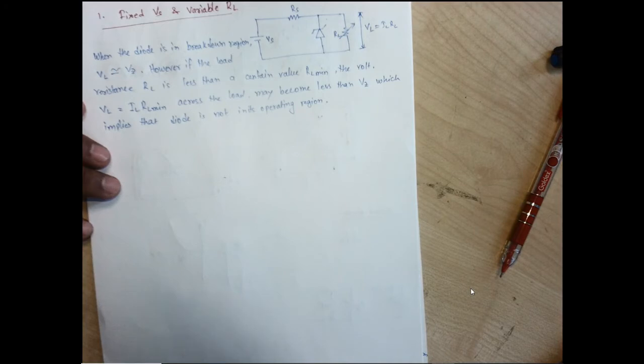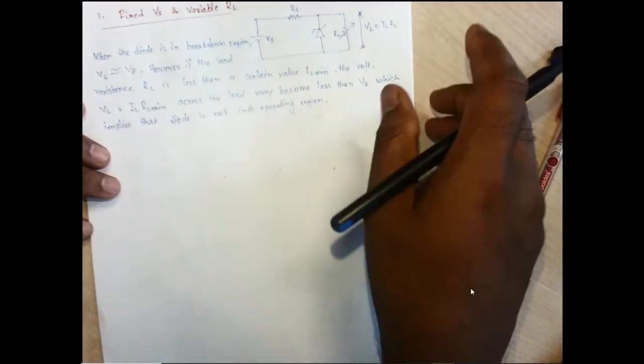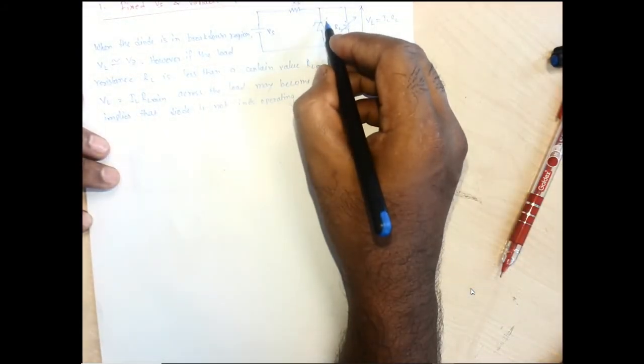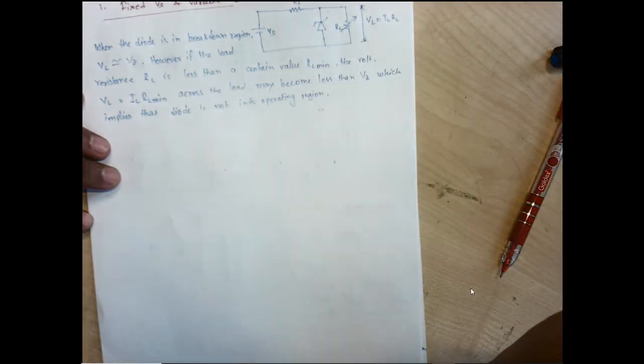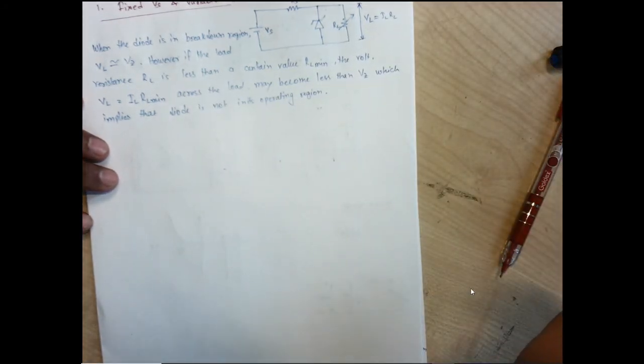So our first thing to ensure is that the Zener diode is in the breakdown region, and it is ensured by the load which has been connected. Once the Zener diode is in the breakdown region, then we can change our load, and the extra current will flow through this Zener diode.